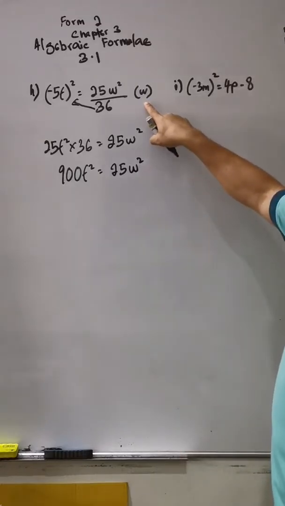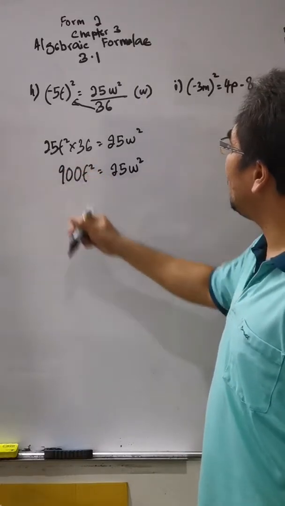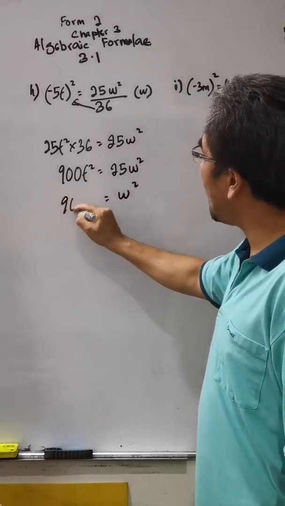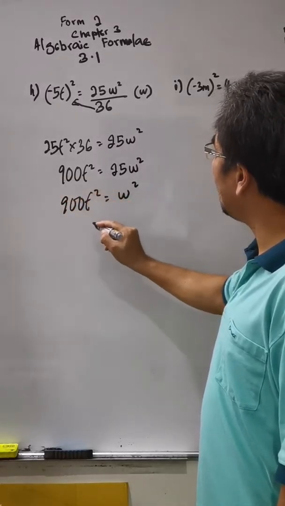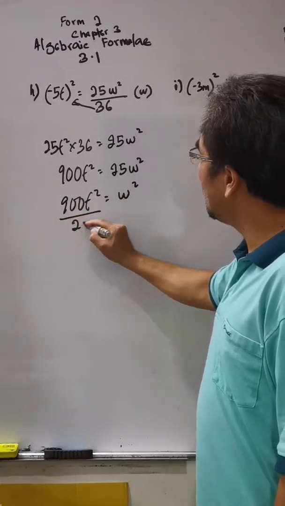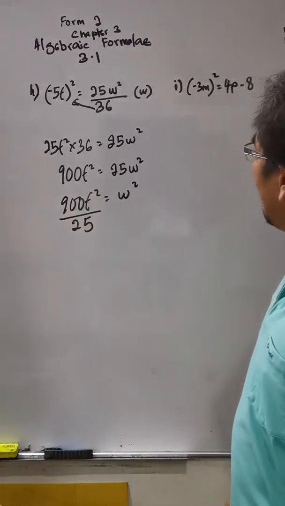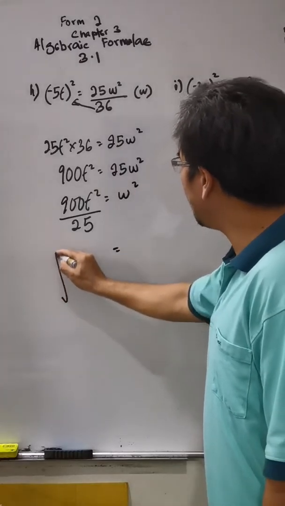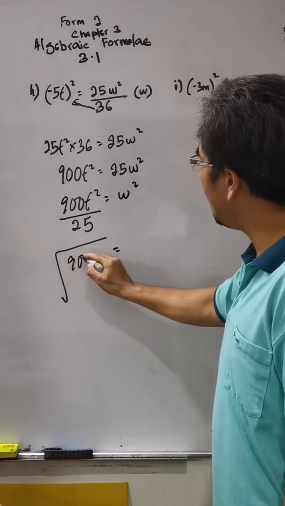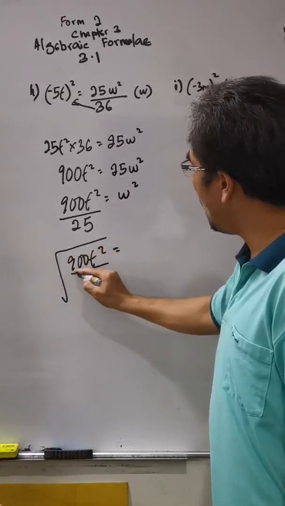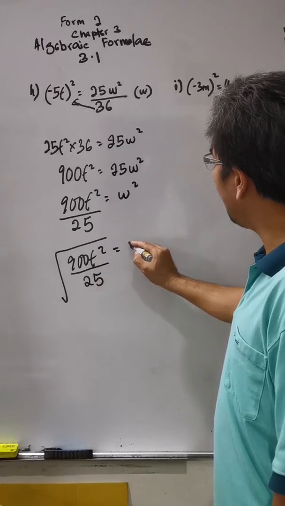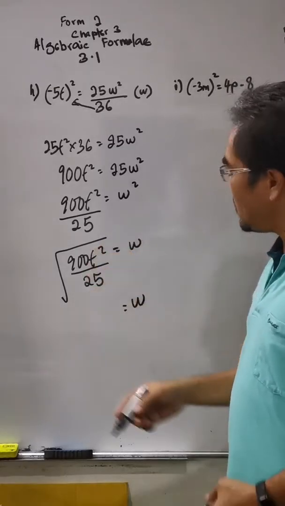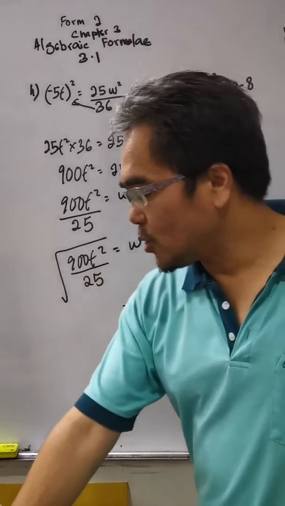So the subject that we want is w. So just move 25. So w squared is 900t squared over 25. Still there, squared. So it becomes square root of 900t squared over 25. So this is w. In this case, because these values you can find the square root.